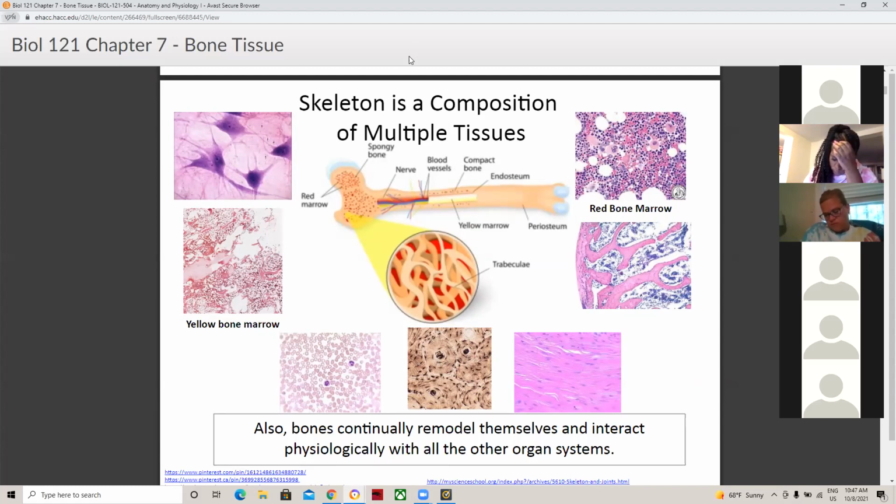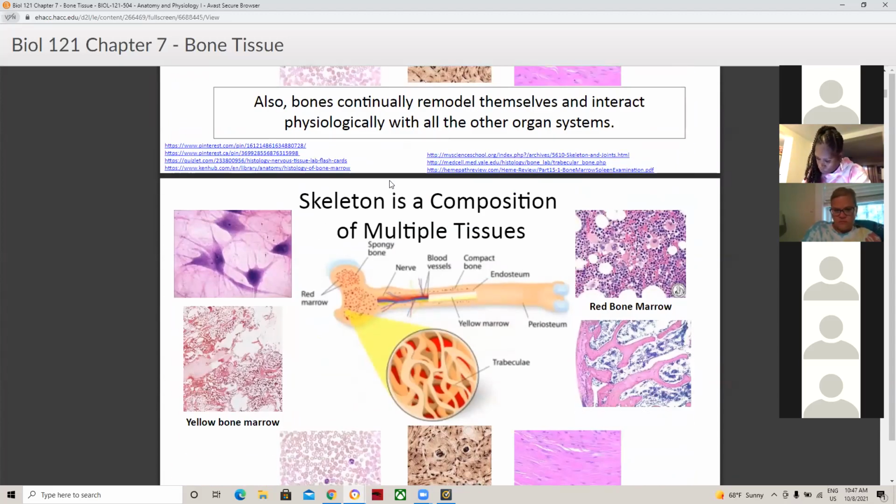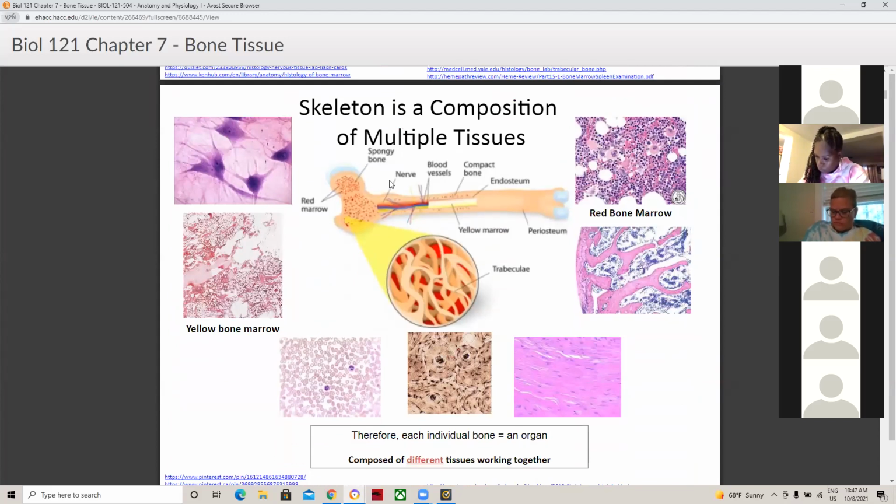They're your main storage for calcium and phosphate. And if you remember, we talked about how calcium was vital for muscle contraction. Therefore, each bone is considered an organ, being composed of different tissues that work together.